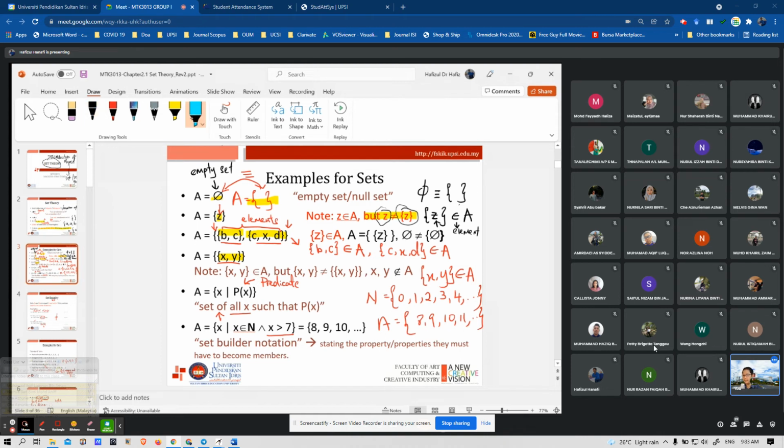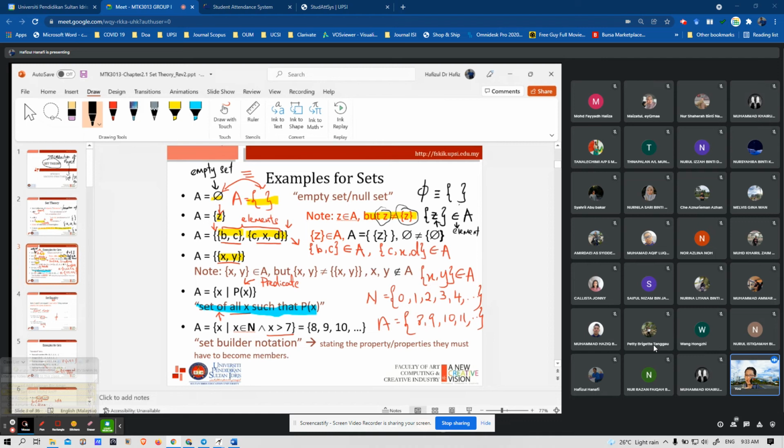Then we have a predicate. Here we have a predicate, the set of all x such that P(x). Then we have set builder notation, stating the property that x must satisfy to become a member. For example, here we have A where x is a member of the natural numbers. Natural numbers start from 0.